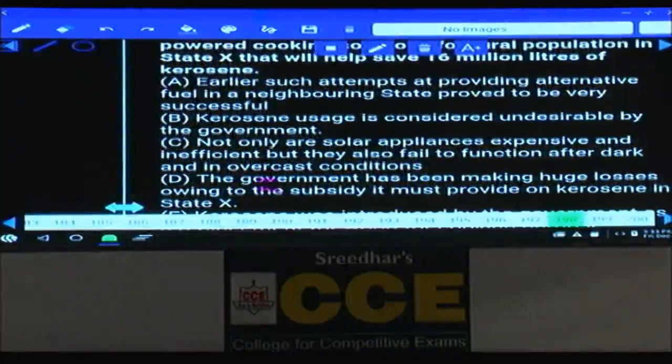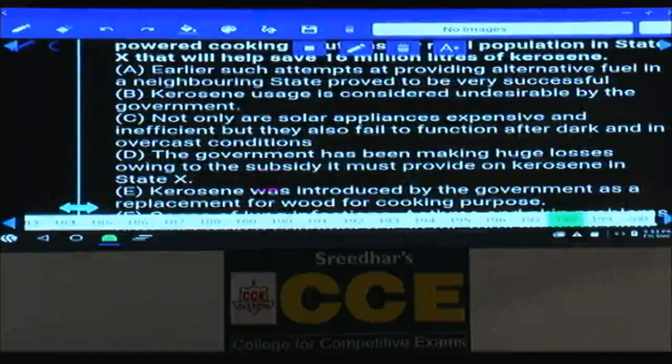Earlier such attempts at providing alternative fuel in a neighboring state proved to be very successful. Maybe this is the reason why the government has taken this decision. A can be the reason. And kerosene usage is considered undesirable by the government. It is the assumption of the government, and that is the reason why they have started thinking like this.